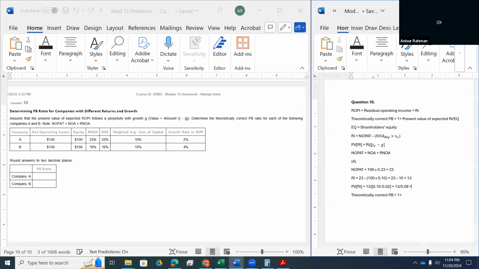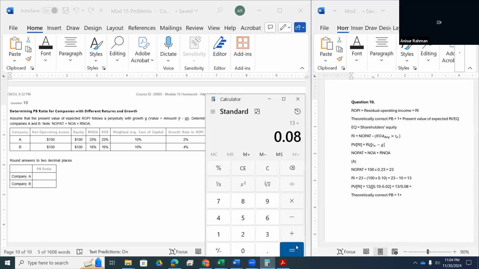So let me calculate this number, 13 over 0.08, 162.5, and divided by equity, which is 100.